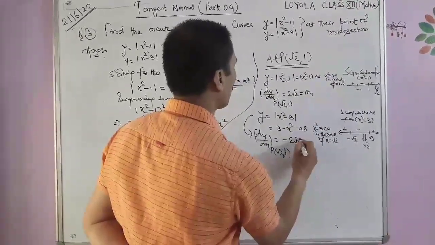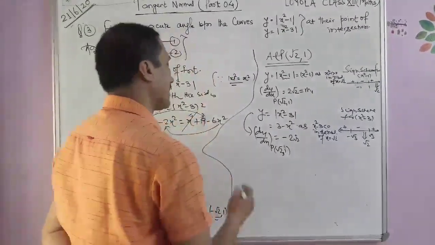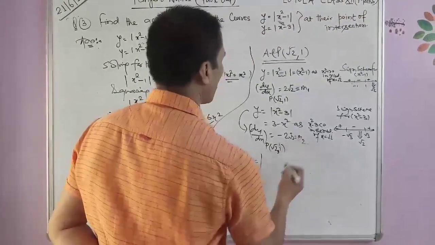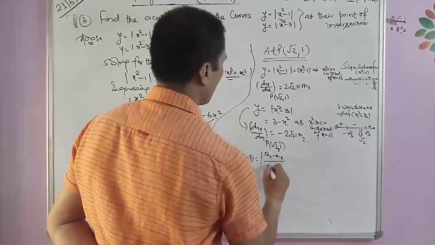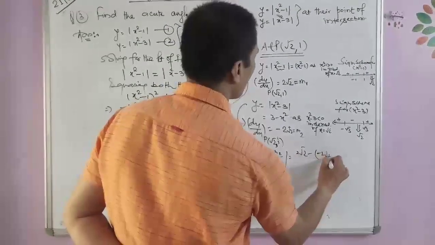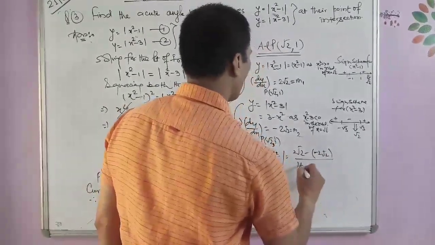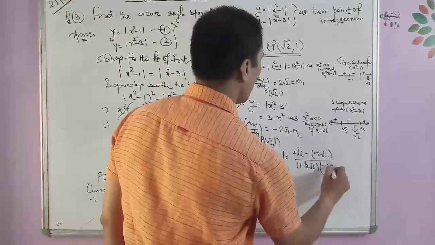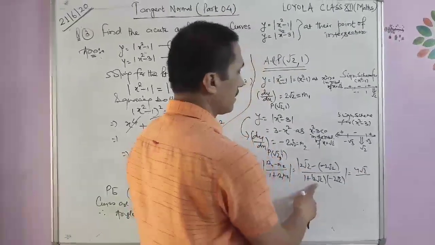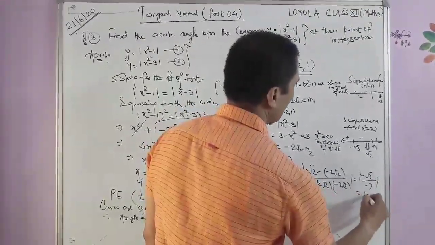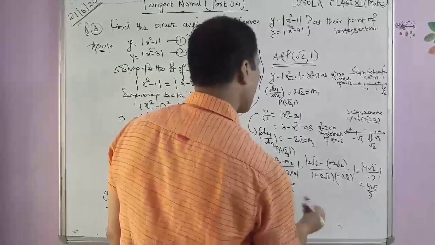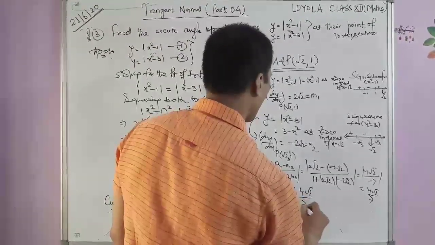Clearly x equals √2 here, so −2√2. Therefore the angle between them, tan θ, assuming this m2, is the modulus of (m1 − m2) divided by (1 + m1 m2), which is 2√2 minus of −2√2 divided by 1 plus 2√2 into −2√2, modulus, which is 4√2 upon 1 − 8, which is 4√2 by 7. Therefore θ equals tan inverse of 4√2 upon 7.